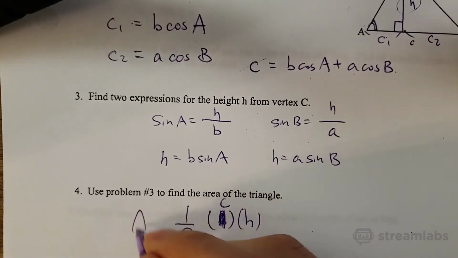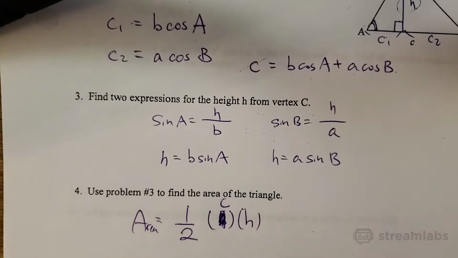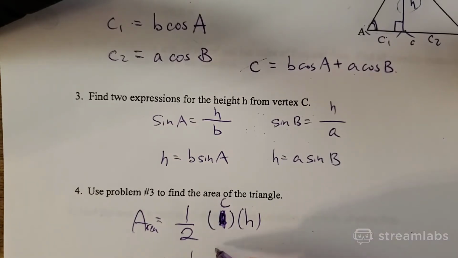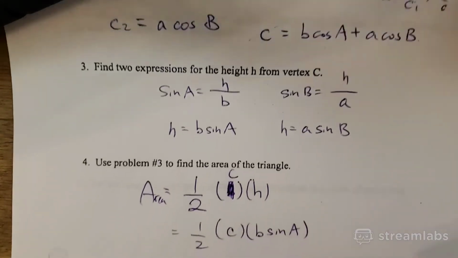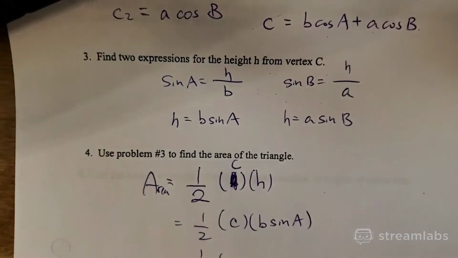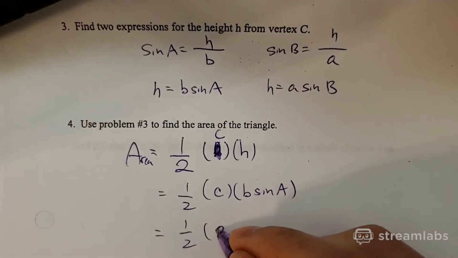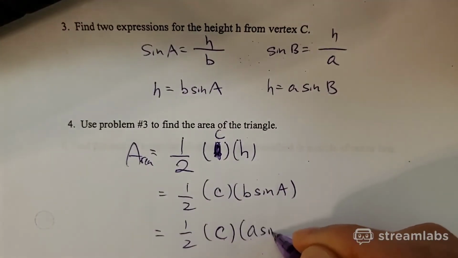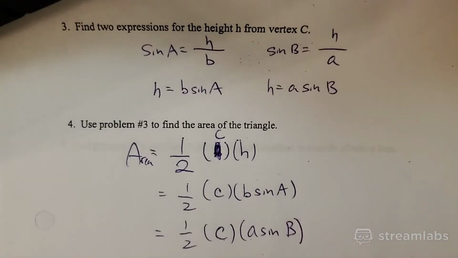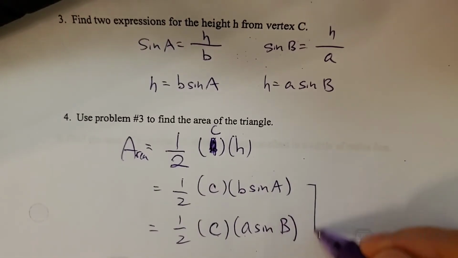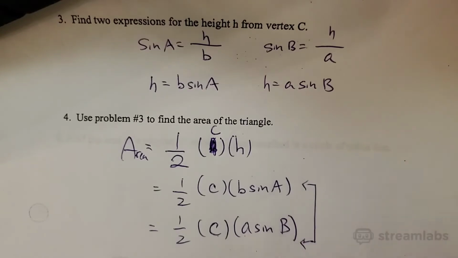So since your area is 1/2 c times h, h would either be b sine a or a sine b. Either one will get you the formula.